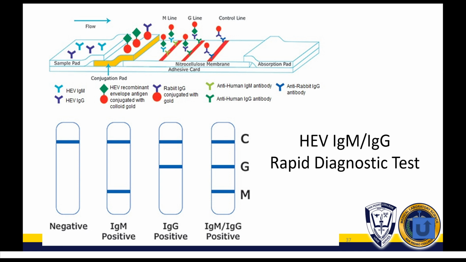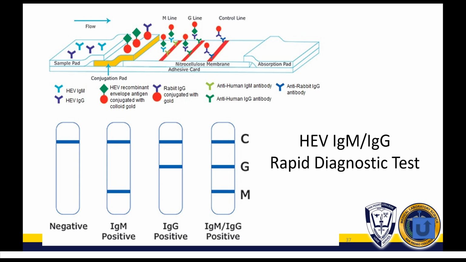Because class, if during testing you see no line in the C region, that invalidates the testing. There should always be a line in the C region. If there is a line in the C region, that indicates that the kit is working, that the kit is not expired.